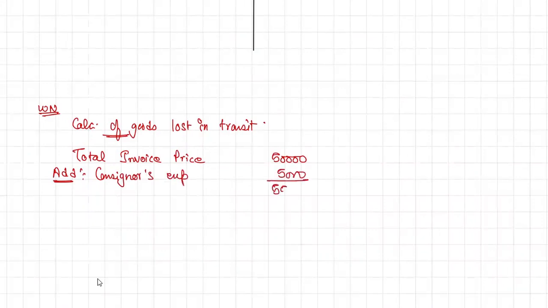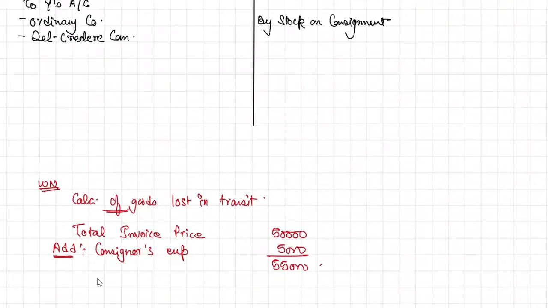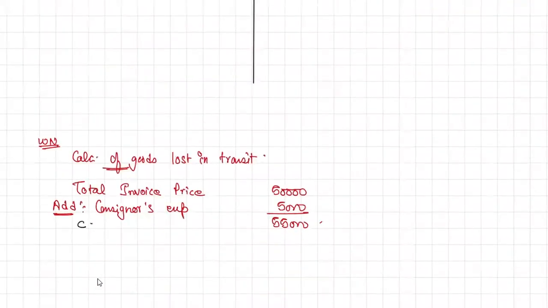So this is 55,000. ये किसकी कॉस्ट है? 100 सेट्स का. करेक्ट. So I can write cost of 100 sets.